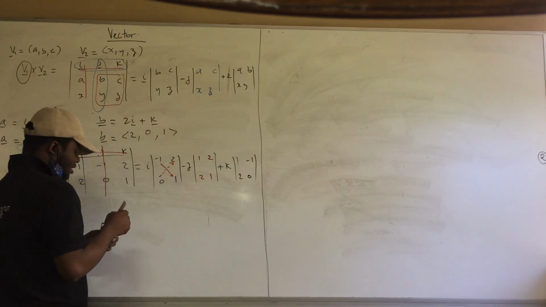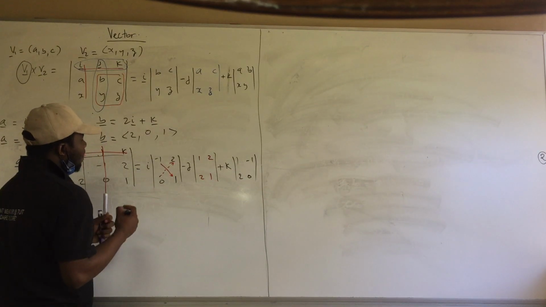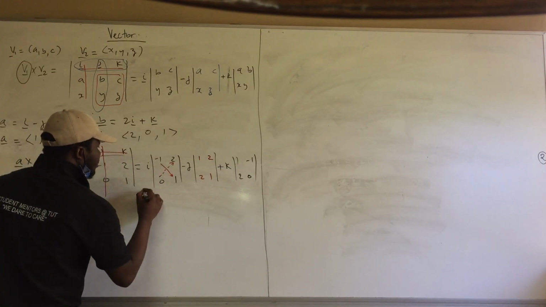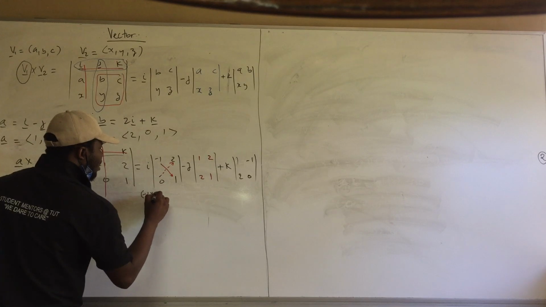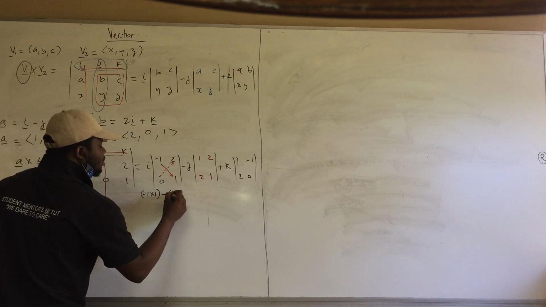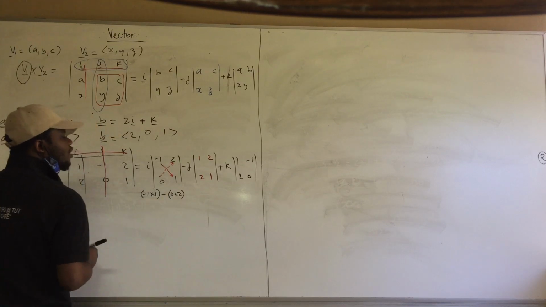So it's minus 1 times 1 minus 0 times 2.